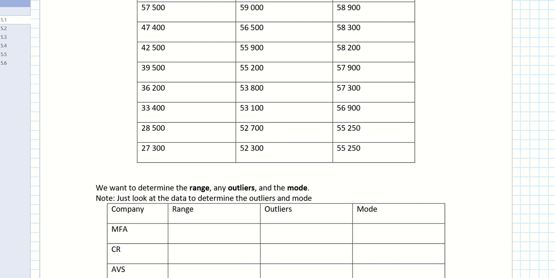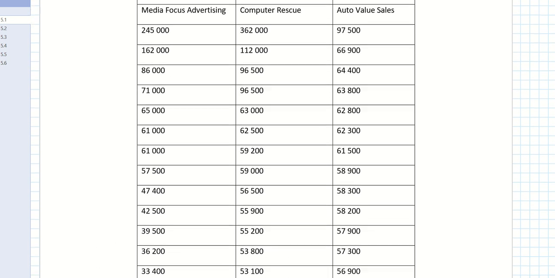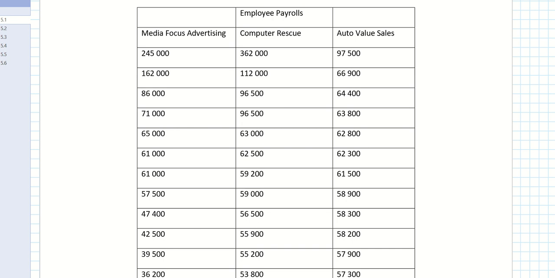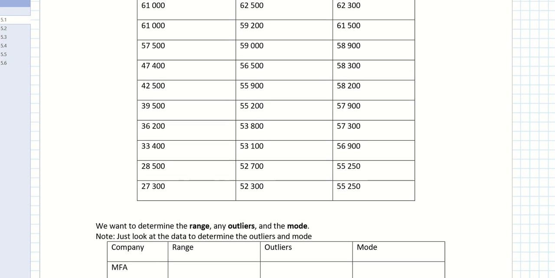First, let's do the first column, which is Media Focused Advertising. What we want to find is the highest number, the lowest number, and the total number of values. Actually, in this case, what do we need? The mode, sorry.